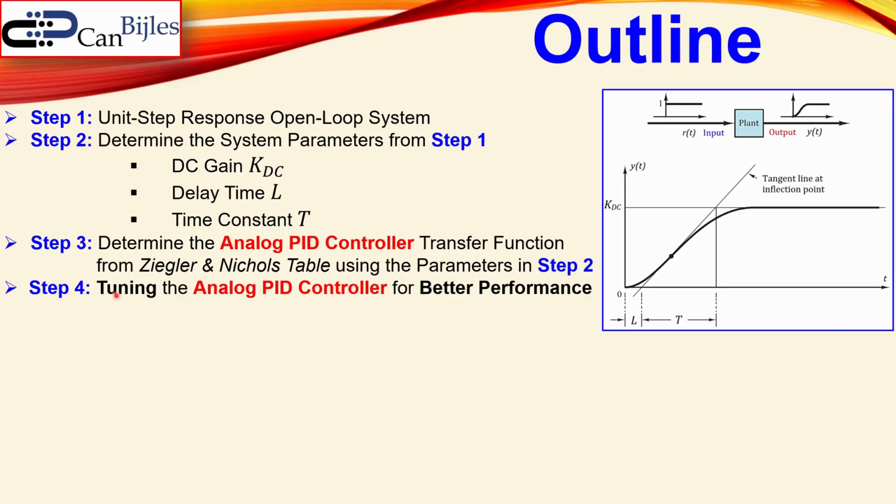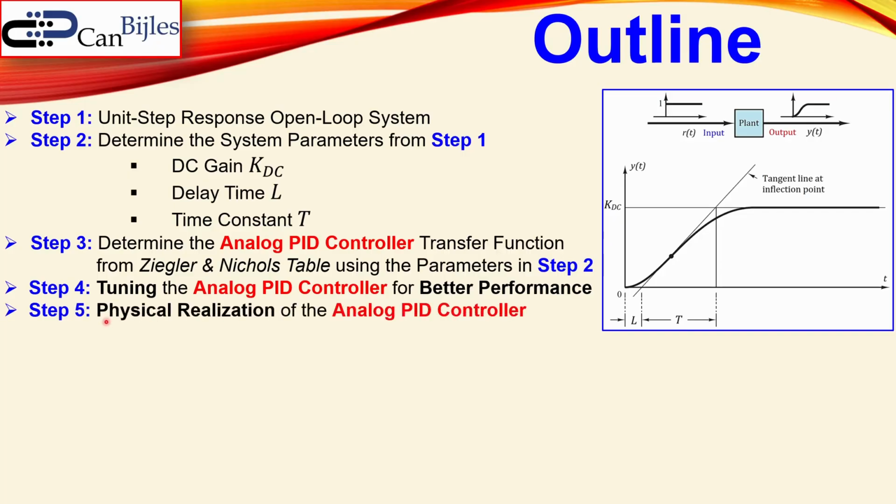We will adjust some parameters in our analog PID controller to get a better performance. It does not mean that we have the best option in the first try, so we might need another try and then get an option where we say, okay, this is satisfactory.